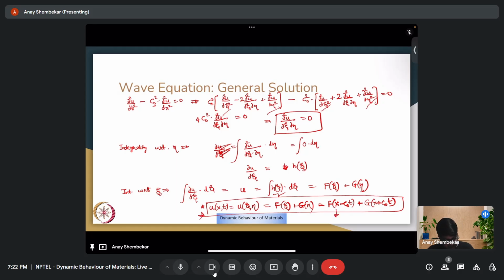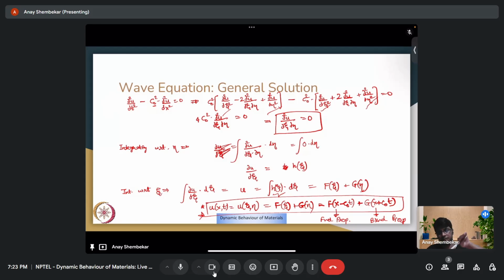This capital F part is your forward propagating solution, and capital G part is your backward propagating solution. So why is this forward propagating? Because you can see that as time t increases, for x minus c naught t to remain the same, like the phase of the particle to remain the same, x also has to increase.